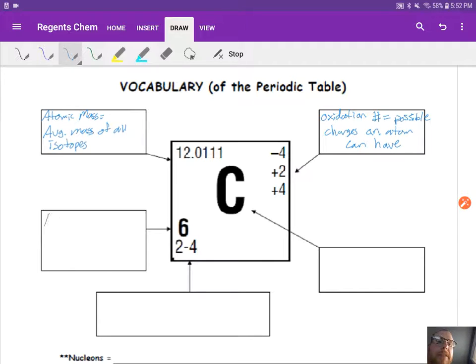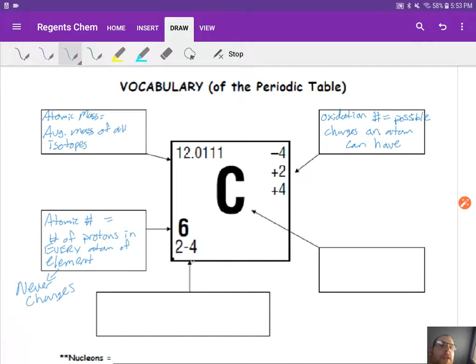The bottom left number is called the atomic number, which equals the number of protons in every atom of the element. It never changes. The only way you can change the number of protons, guys, is by changing the element.